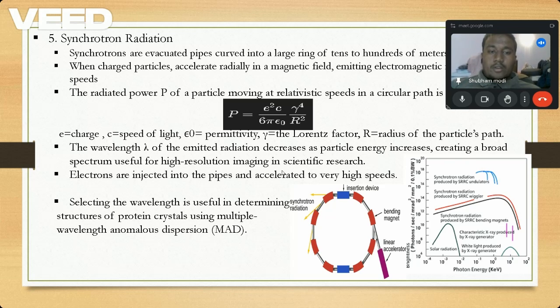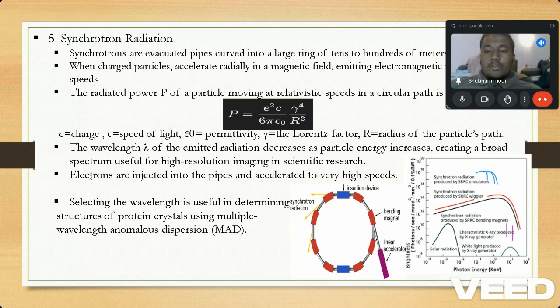imaging and scientific research. Electrons are injected into the pipes and accelerated to very high speeds. Means from one side we inject the electrons and they are accelerated inside the ring at very high speeds.